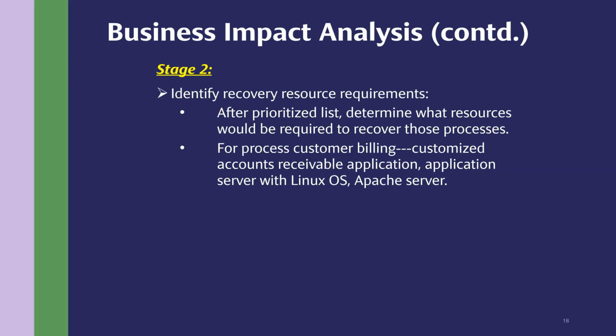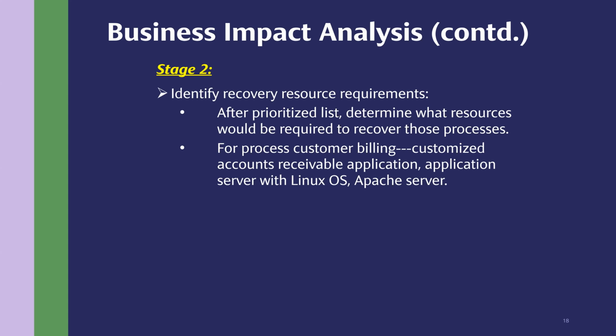Okay, so next is stage 2. In stage 2, we need to identify the recovery resource requirements. Once you have the prioritized list and know which business functions are very important for your organization, you need to determine what resources would be required to recover those processes.